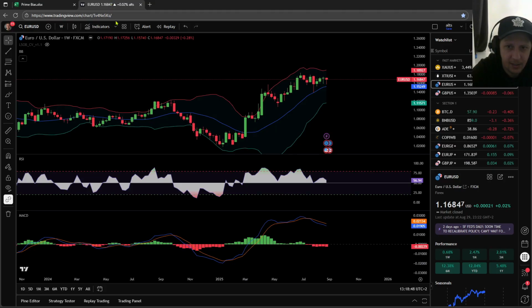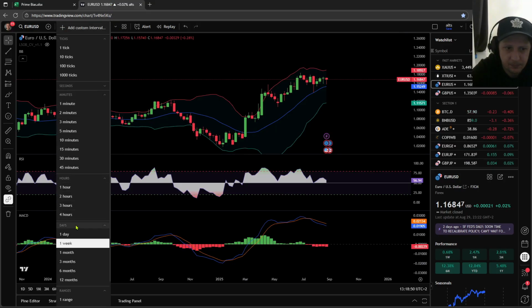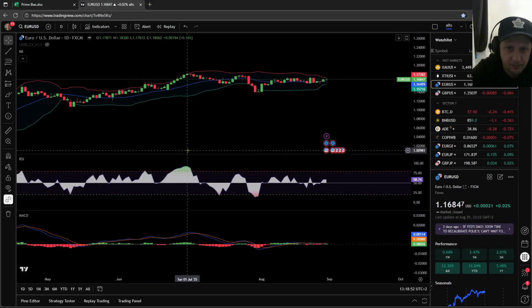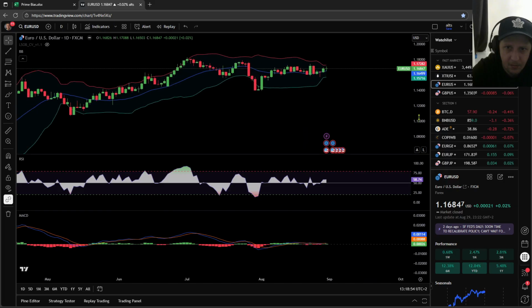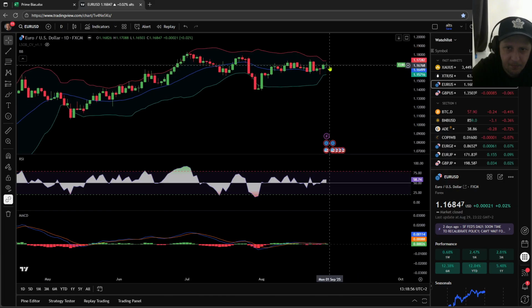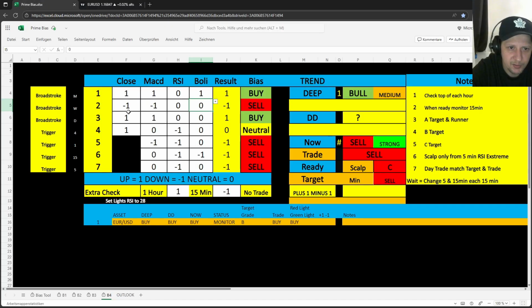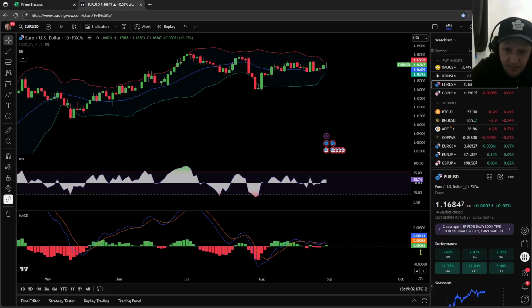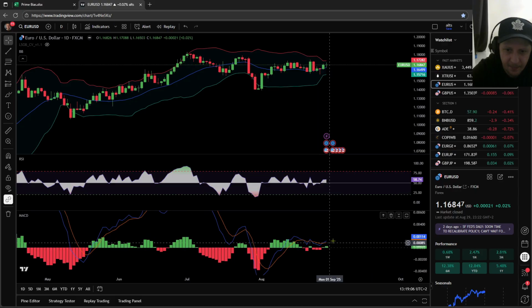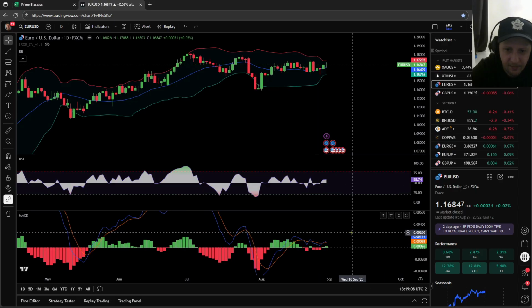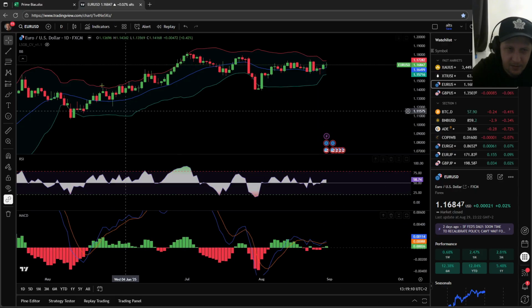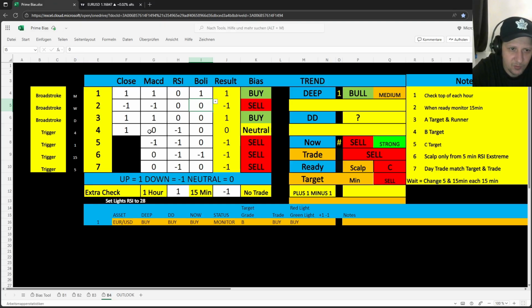Let's go into the daily. Yeah, +1, the daily. The MACD, well, you take what you want, it's how you see it.